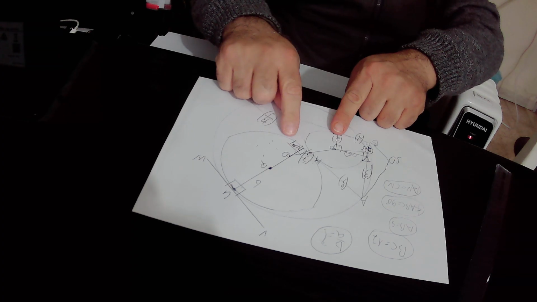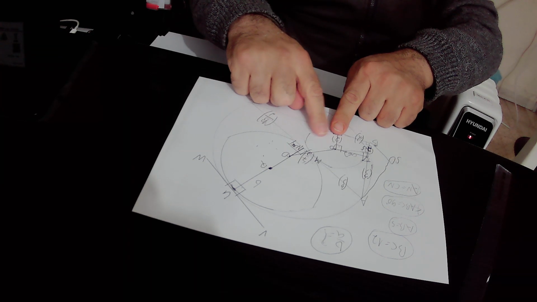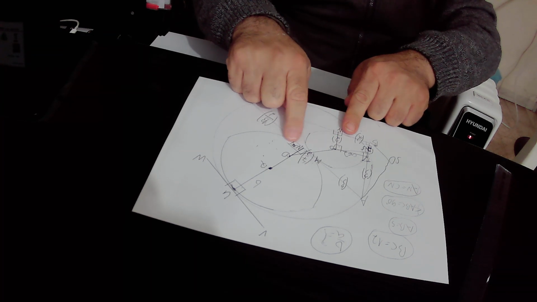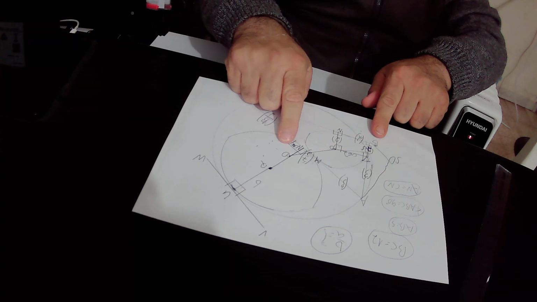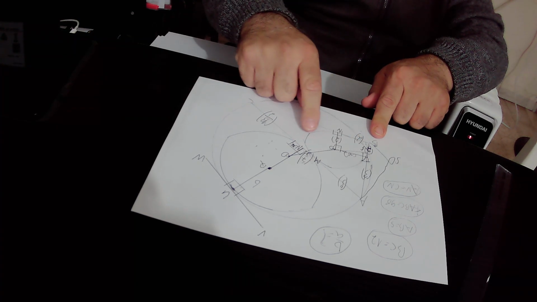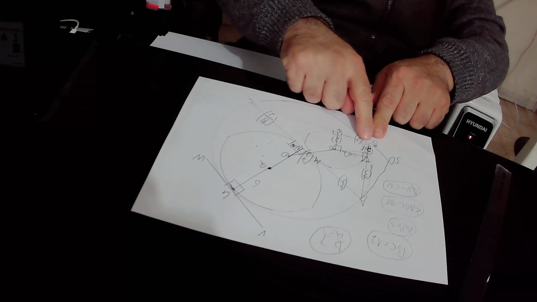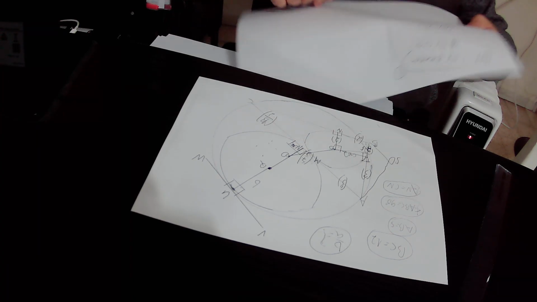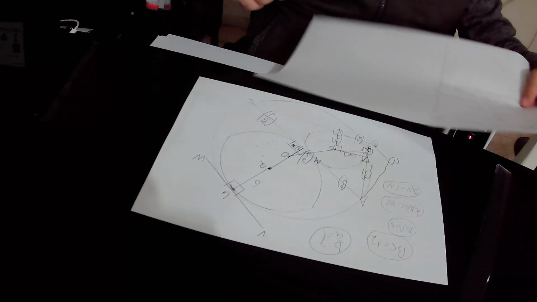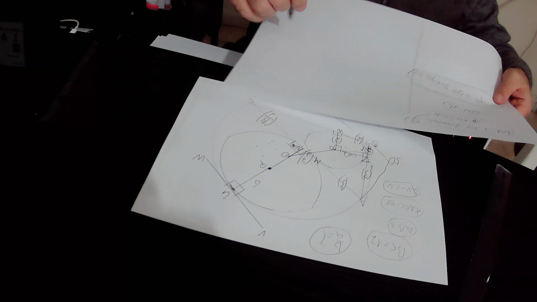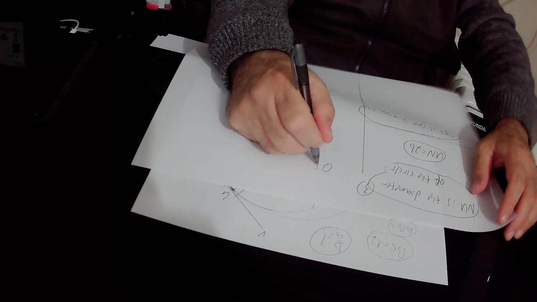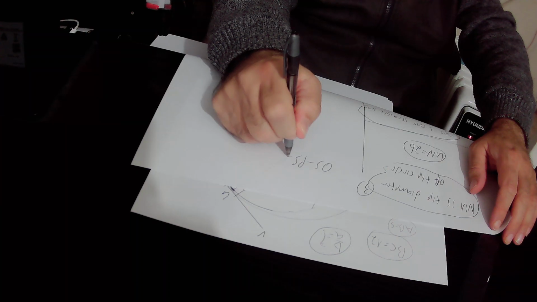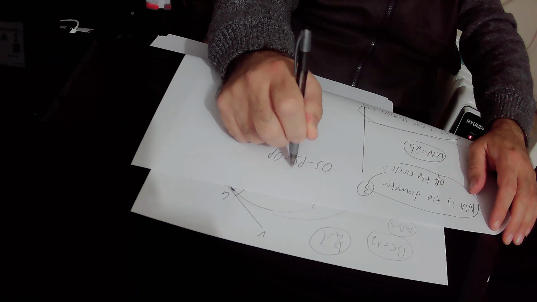So what is the length of line segment OP? From the drawing it is very easy to see that OP equals OS minus PS. Again, OS minus PS equals OP. I write it down. OS minus PS equals OP.